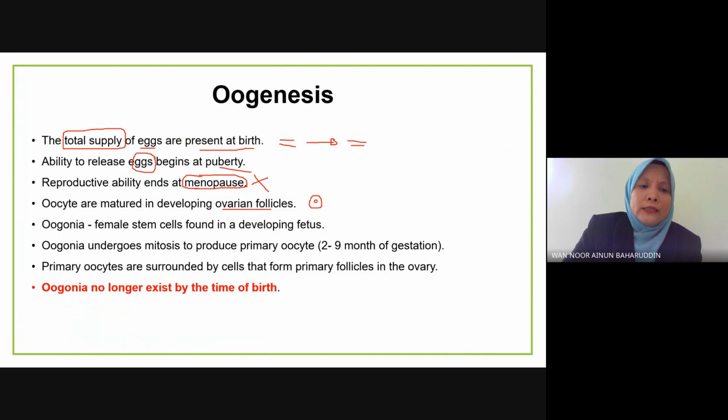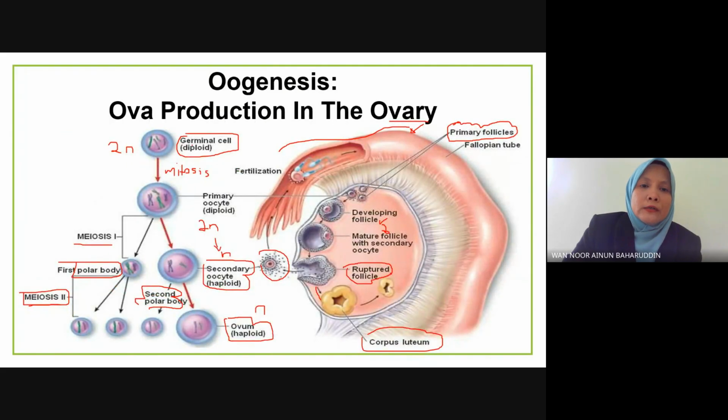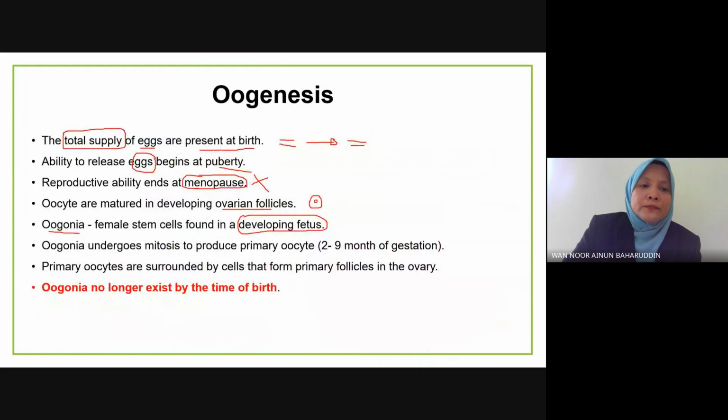During the fetal stage of a baby girl, the oocytes are not called oocytes, they are called oogonia. These are the germinal cells, which are diploid.